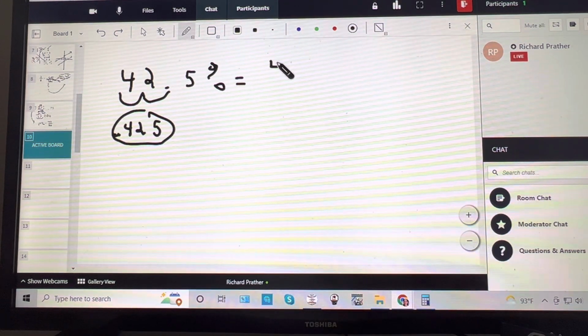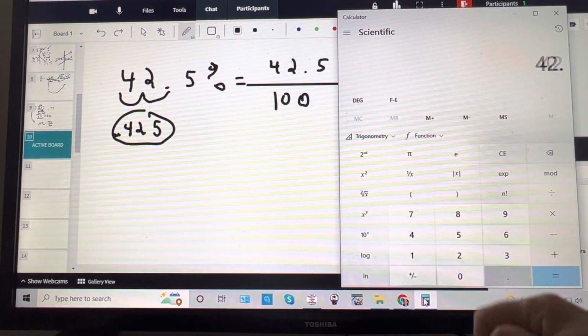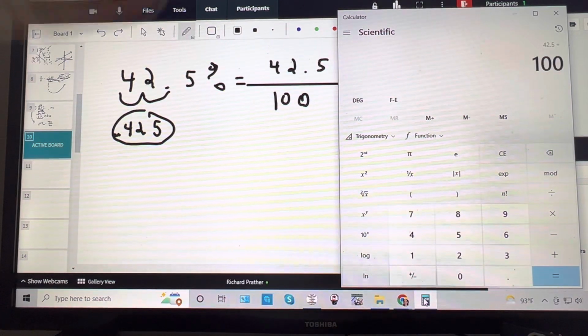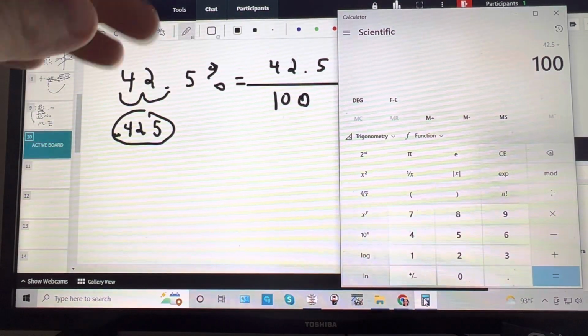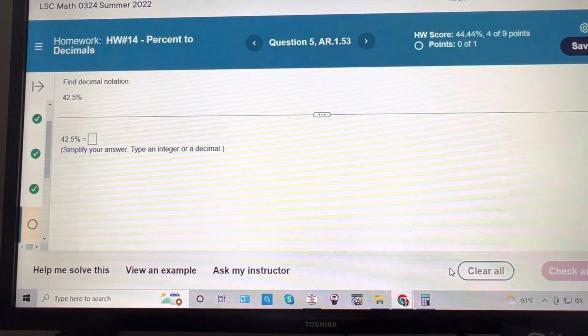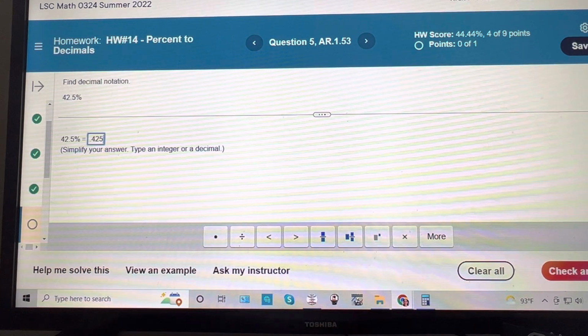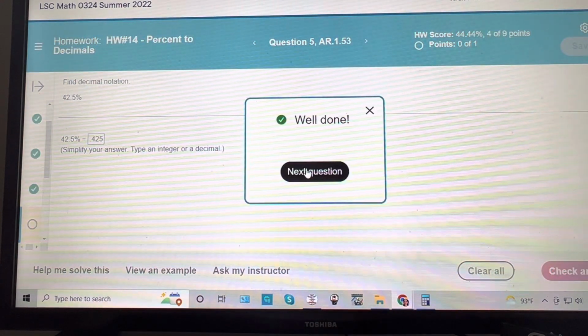Or it's literally the number they give you divided by 100. 42.5 divided by 100, because percent, per means divided by, just like miles per hour. Miles divided by hours is how you figure out the speed of a car. 0.425, see, same answer. So it's quicker just to move the decimal, but it's safer to do it in a calculator and make sure you get the answer right. It's easy in a test to have a brain cramp and go 2 spaces the wrong way.